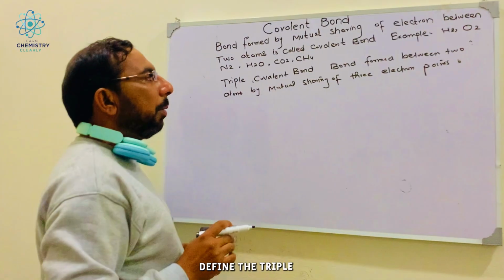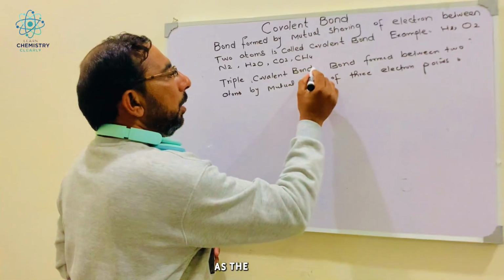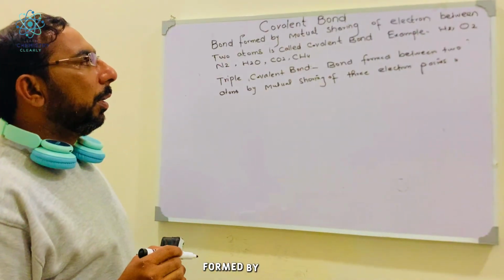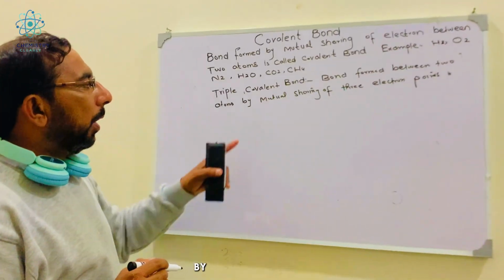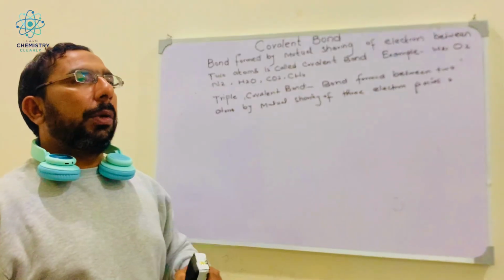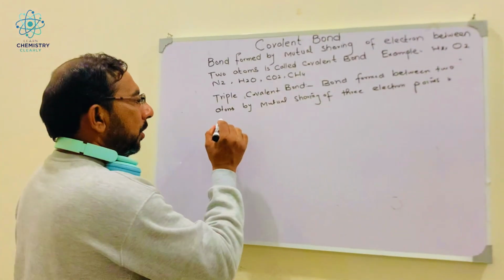We can define triple covalent bond as the bond formed between two atoms by mutual sharing of three electron pairs, which are called bond pairs.